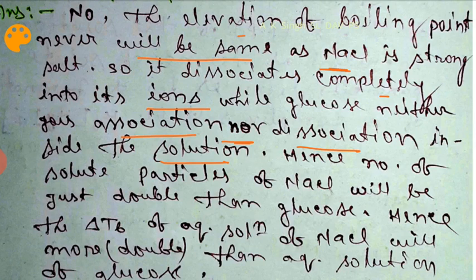Hence the number of solute particles of NaCl will be just double that of glucose. Hence the elevation of boiling point of the aqueous solution of NaCl will be more, nearly double, than the aqueous solution of glucose. No problem in it.